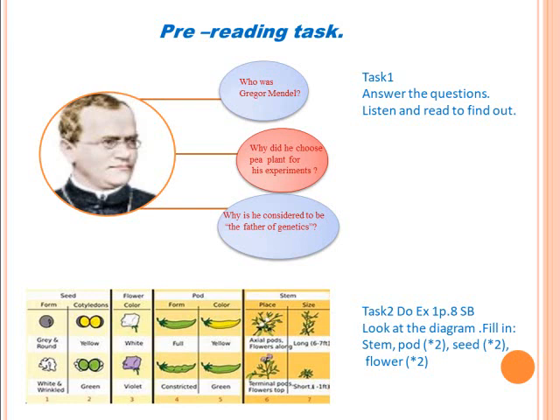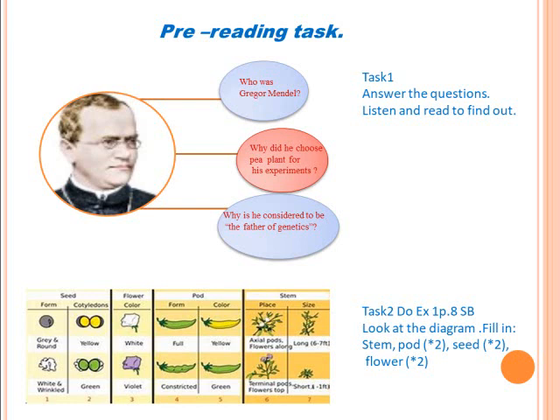Let's do task 2. There is given a diagram. Mendel decided to look at seven different pea plant traits: height, seed color, seed shape, pod color, pod shape, flower position, and flower color.